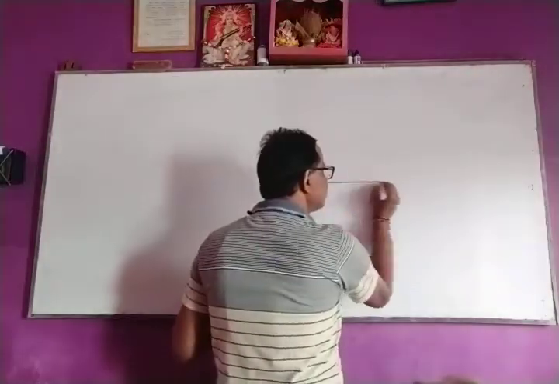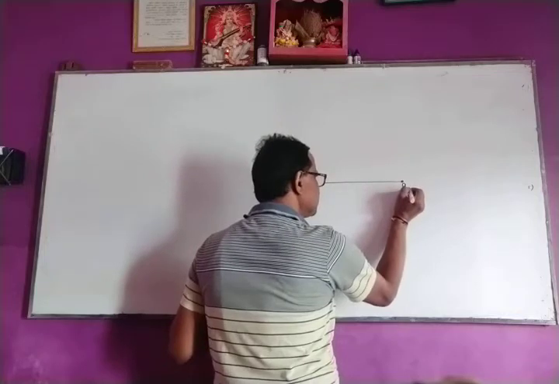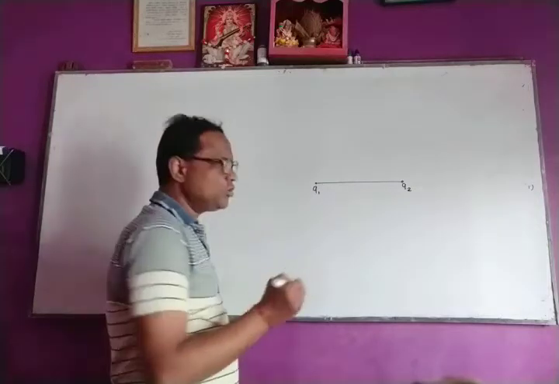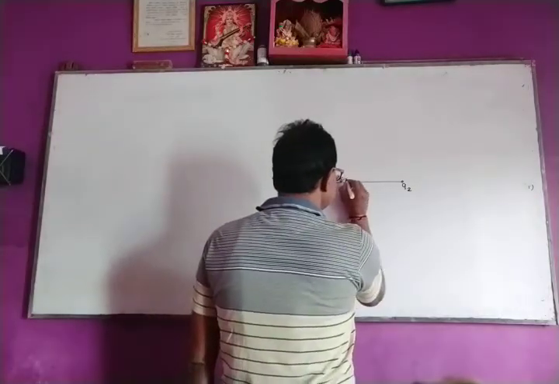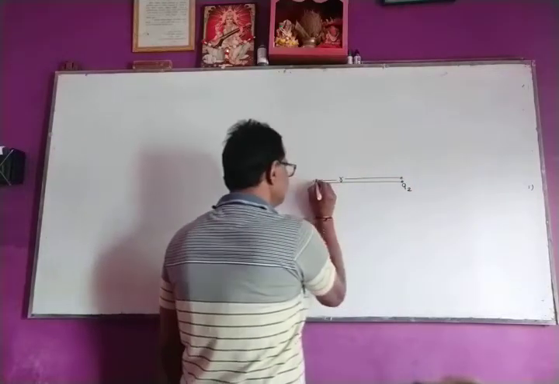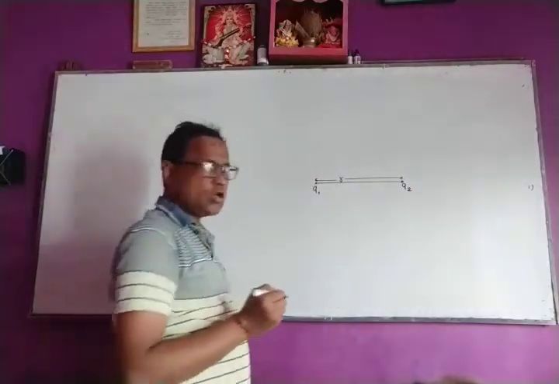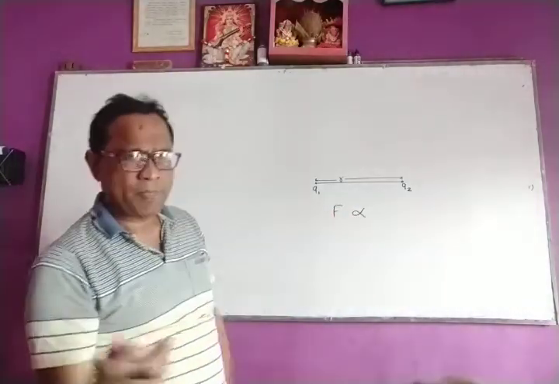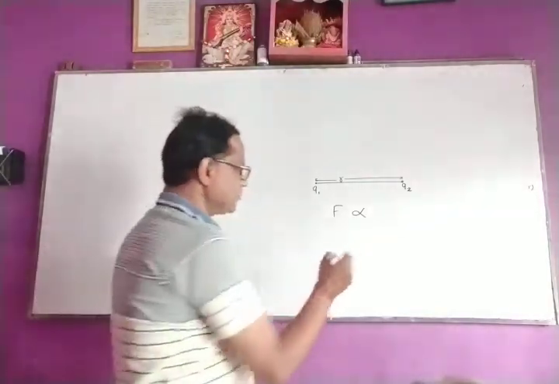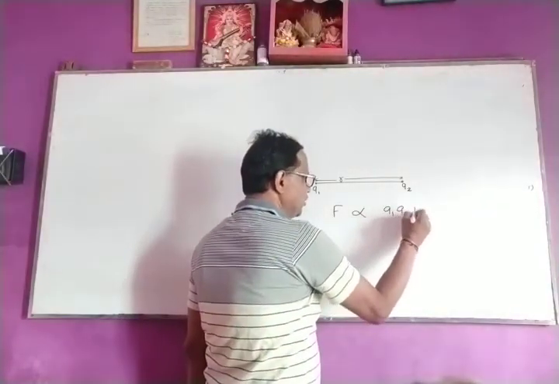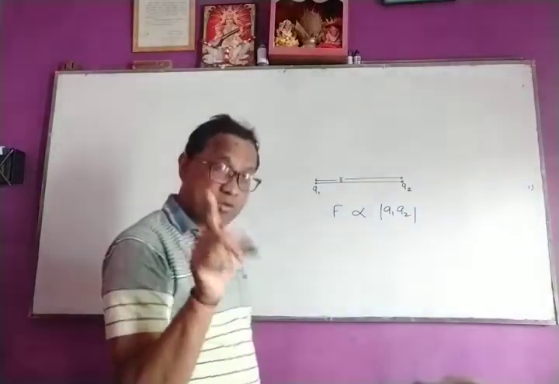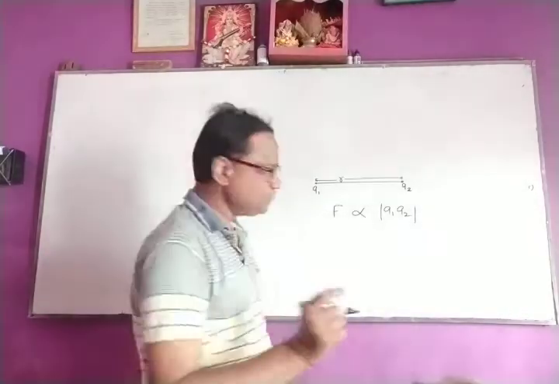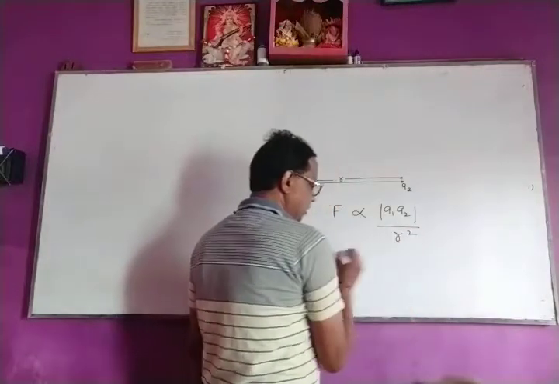So first, there are two point charges Q1 and Q2 separated by distance R. According to Coulomb's law, the force is directly proportional to the product of the magnitudes of the two point charges Q1 Q2 and is inversely proportional to the square of the distance between them, R square.